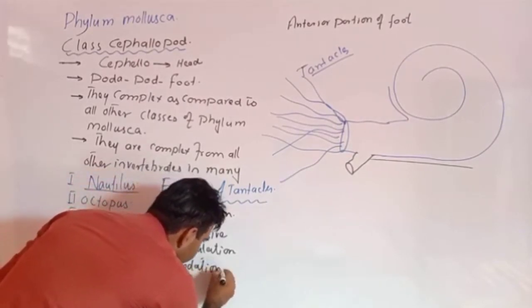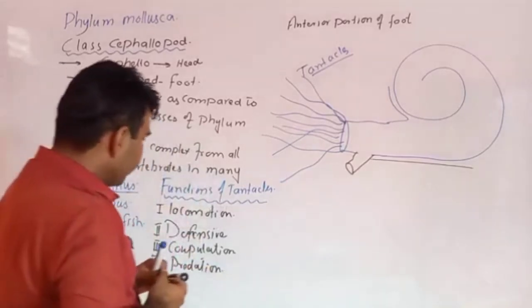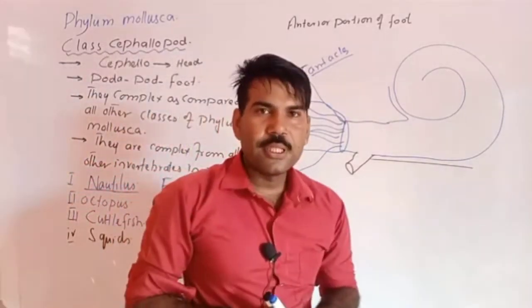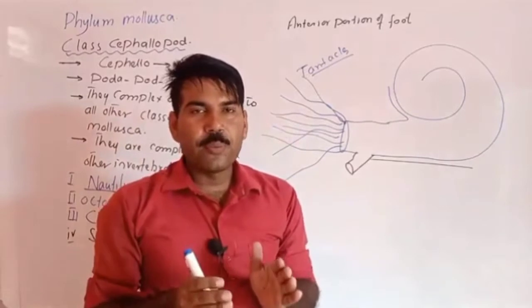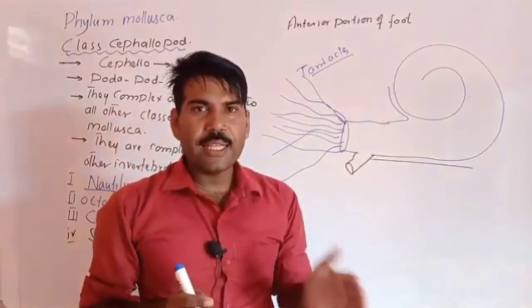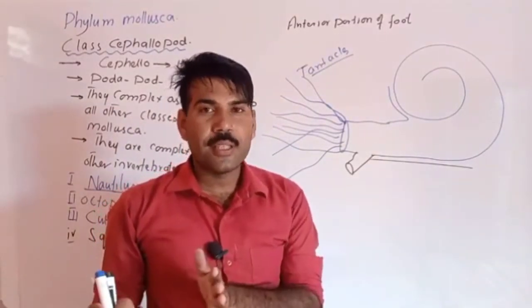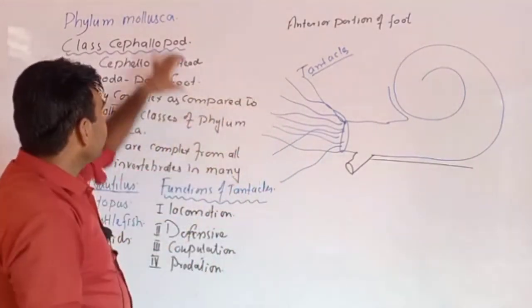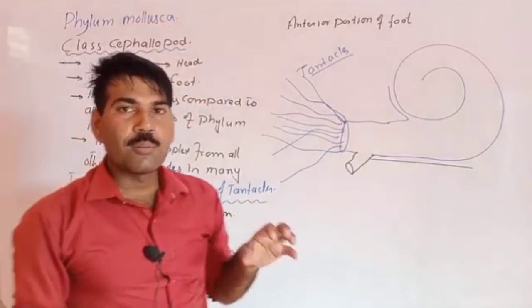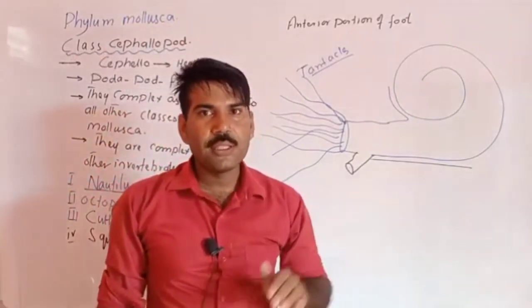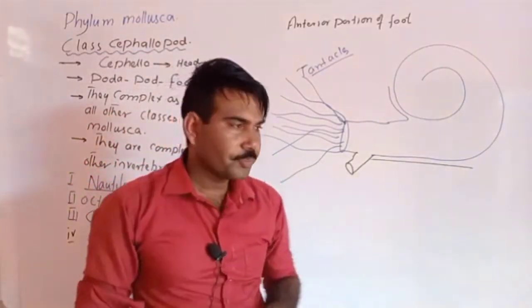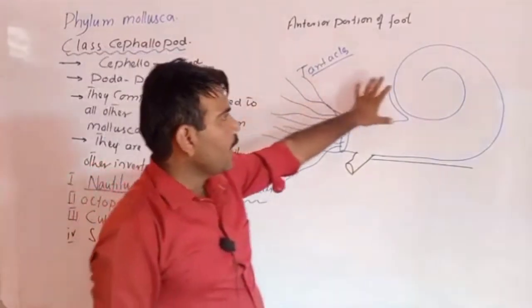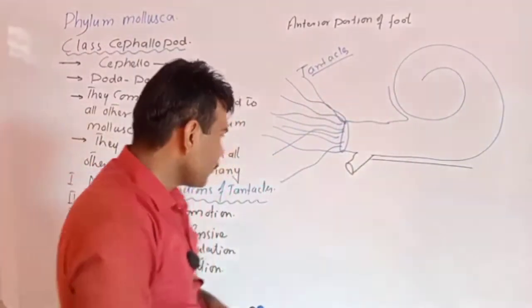And we know, dear students, that predation is performed by animals which have an active lifestyle, not a sluggish lifestyle. So it means that the members of the class Cephalopoda are more active as compared to other classes of the phylum Mollusca. That's why they have an active lifestyle.